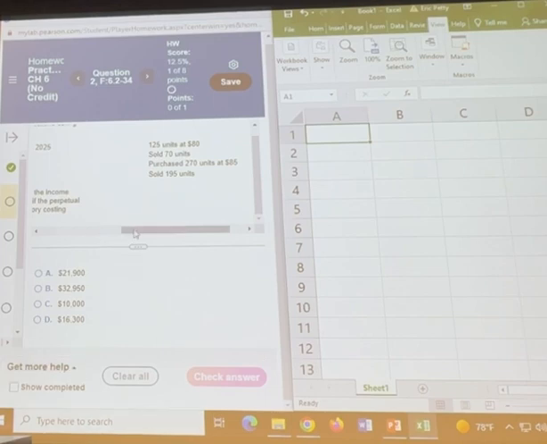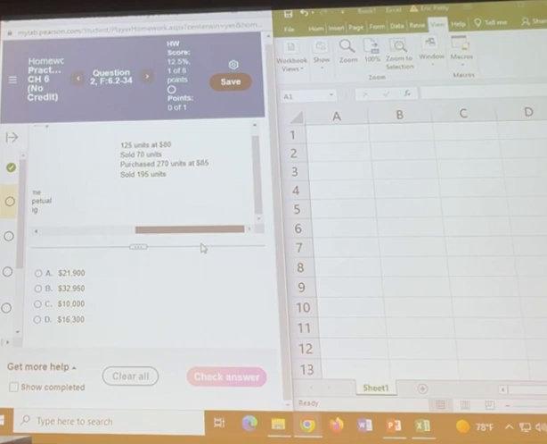So, cost of goods sold. We know, first of all, the number of units they sold would have been 195 in one sale and 70 in another sale.